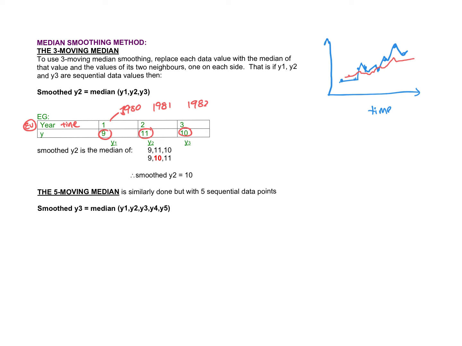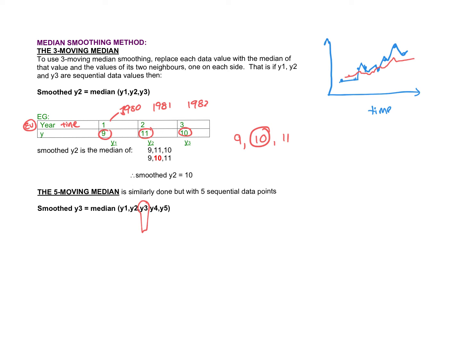If you put those numbers in order from smallest to largest, you can see that it makes 10 the median, okay? That's what we're doing. And then you can have 5 median smoothing. You take the 5 numbers and put them in order, and it would be this third number that is the median.